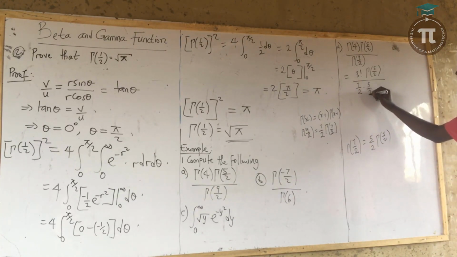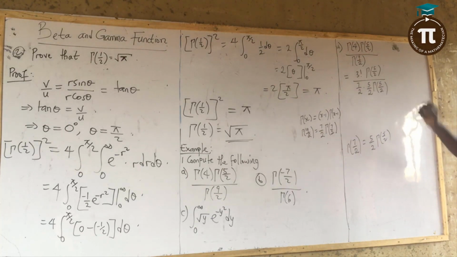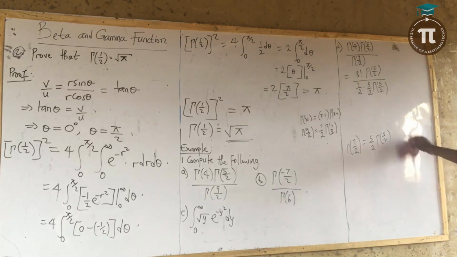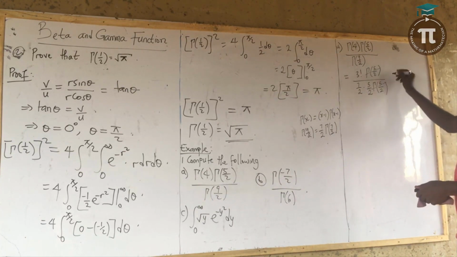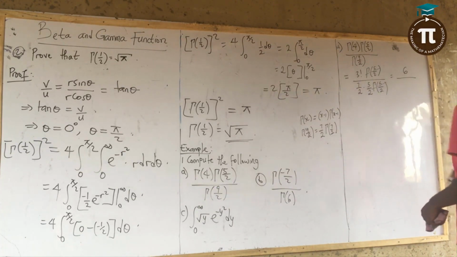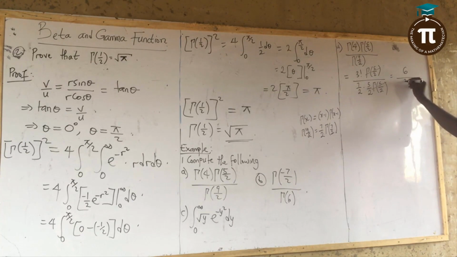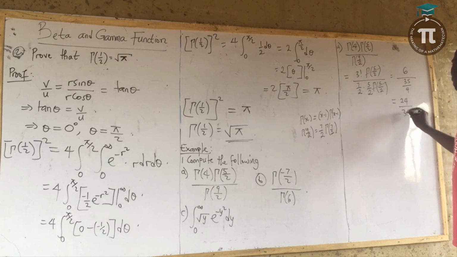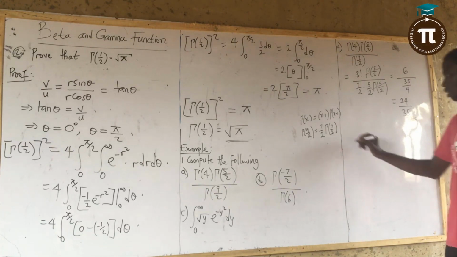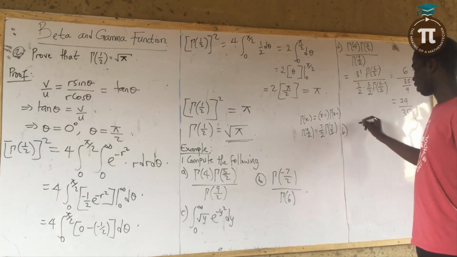So this will be 7 over 2 multiplied by 5 over 2, gamma of 5 over 2. 3 factorial will give me 6. Gamma of 5 over 2 cancels. This gives 6 over 35 over 4, the 4 comes up, so I will have 24 over 35 for that.